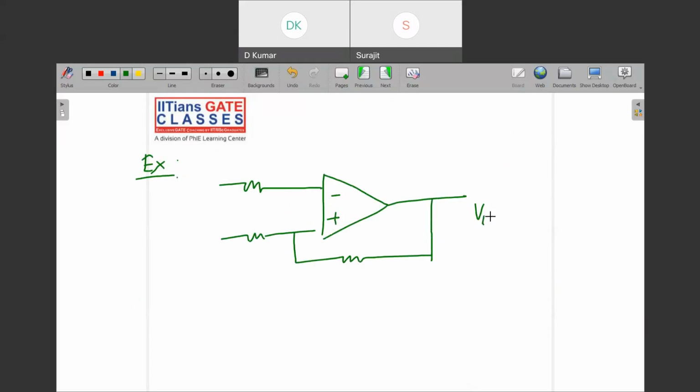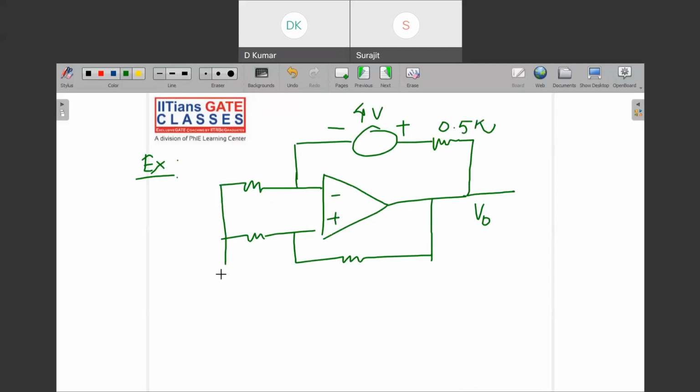This is V naught. Here you can connect a source, minus plus 4 volt, and there is a resistance, this time 0.5K, and this is grounded.